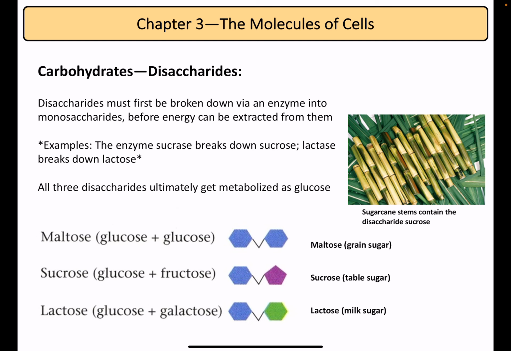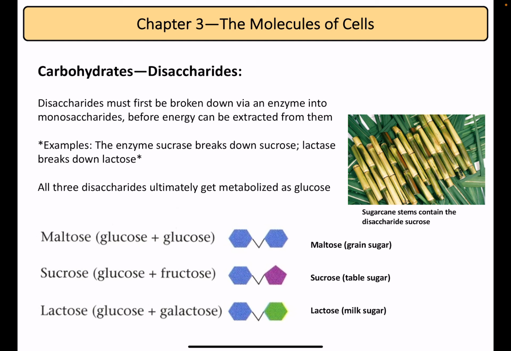So if you take any of these three disaccharides, think about what would happen to them in your digestive system, right? In your stomach, in your small intestine, even in your spit. You have enzymes that are going to break these bonds, thereby releasing the individual monosaccharides. Then your small intestine is going to absorb these monosaccharides. It's going to go into your bloodstream.